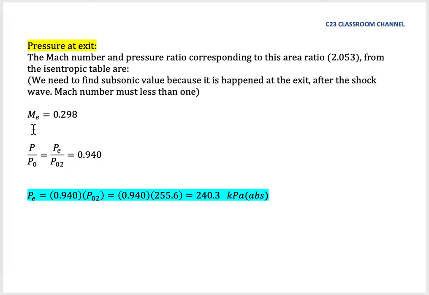So from the table, we get that the Mach number at exit is 0.298, so we can calculate P over P naught, equal to PE over the stagnation pressure at number 2, is equal to 0.940. So we can calculate the pressure at exit by multiplying 0.940 with the stagnation pressure at point number 2 here. So we get the answer for pressure at exit is equal to 240.3 kilopascal absolute.